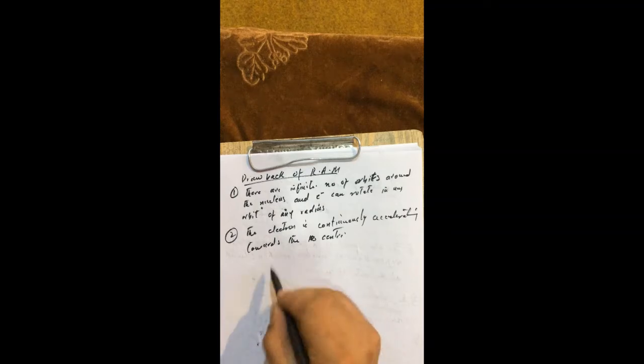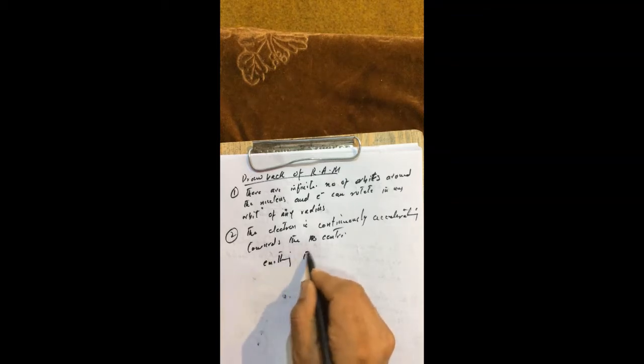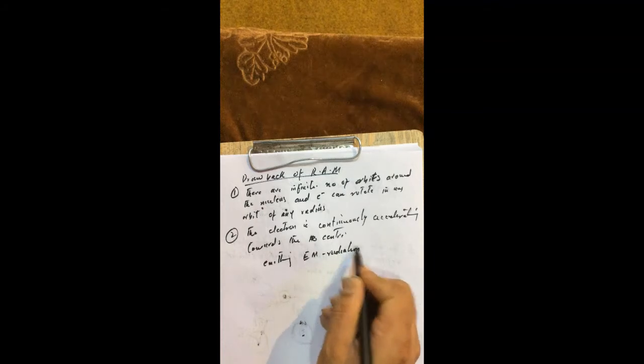It means that the electron is also continuously emitting electromagnetic radiations. This is according to the theory of electricity and magnetism. If a particle is accelerating, then it will emit radiations, in the form of electromagnetic radiation.